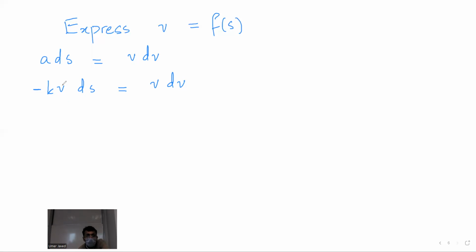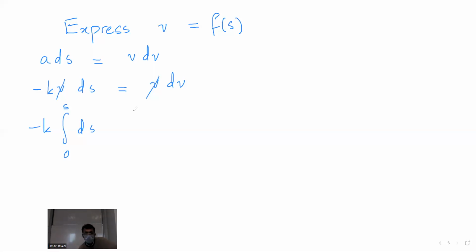Did I make a mistake? A equal to minus KV, so V cancels with the V, and we have minus K integral ds. S1 is 0. S1 was 0, right? To S, because my reference line is in my hands.